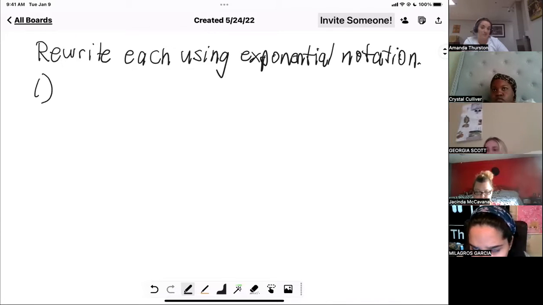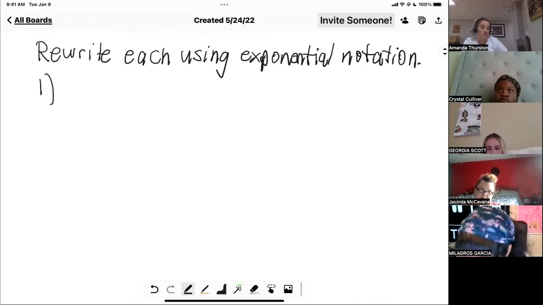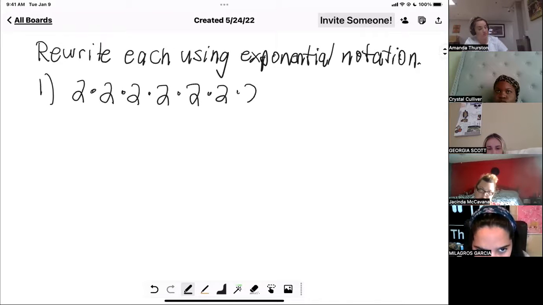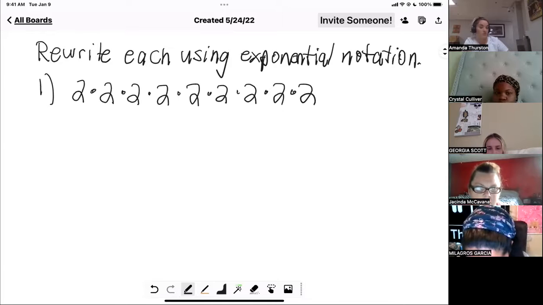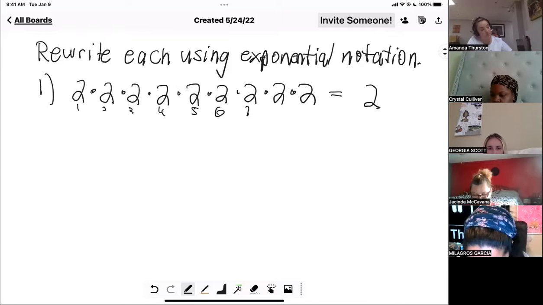And we're going to do a couple problems. Okay, so we have 2's multiplied many times. So we know it's 2 to a power of something. We're going to count how many 2's we have. We have 1, 2, 3, 4, 5, 6, 7, 8, 9. So we have 2 to the 9.